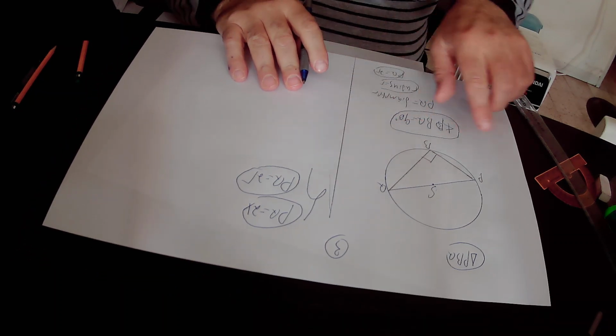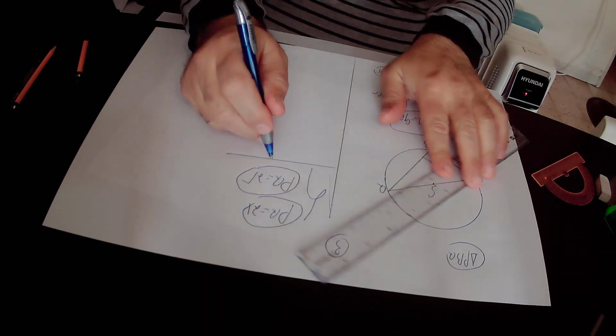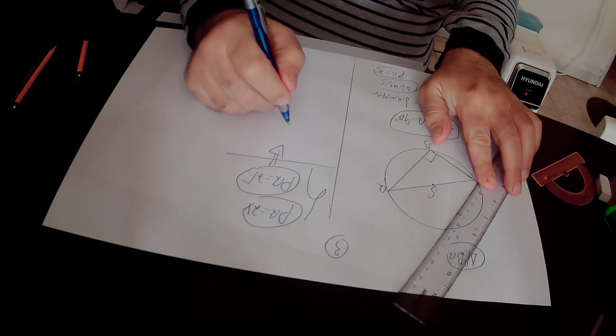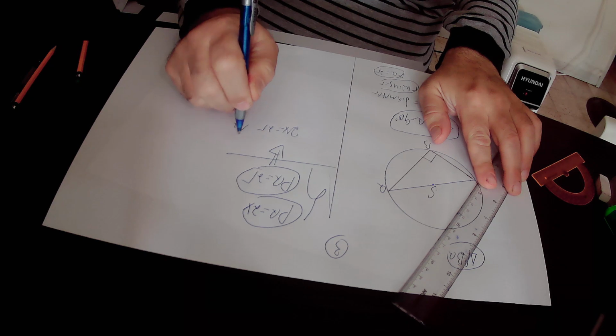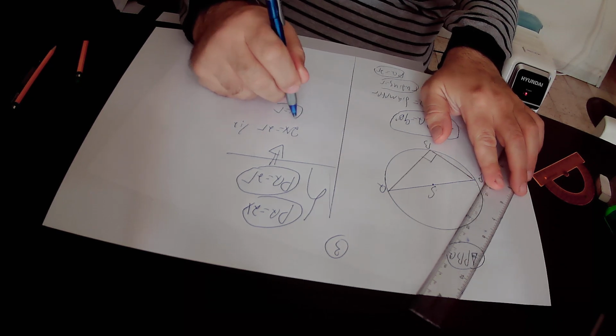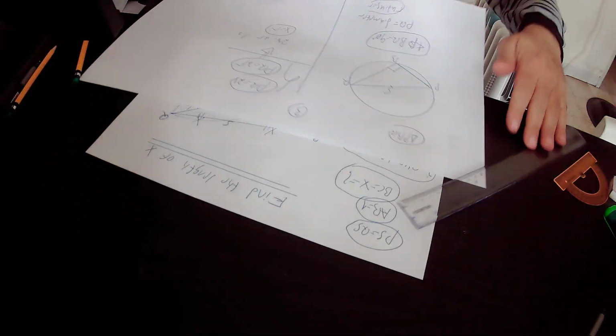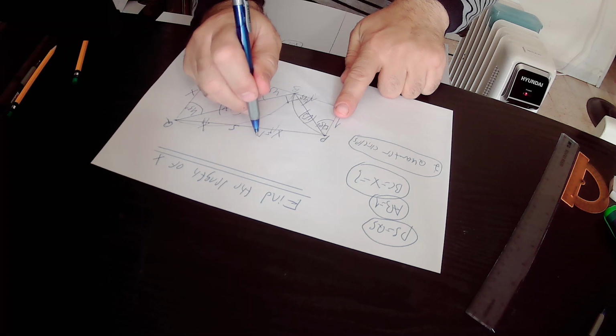And from those two equations, PQ equals 2x and PQ equals 2r, we will derive that 2x equals 2r. Here we'll divide this equation by 2 and finally we will get that x equals r. So here we have PS is x and x equals r.